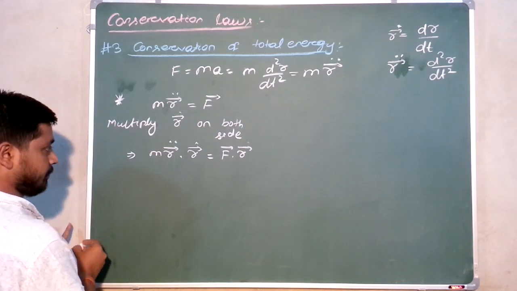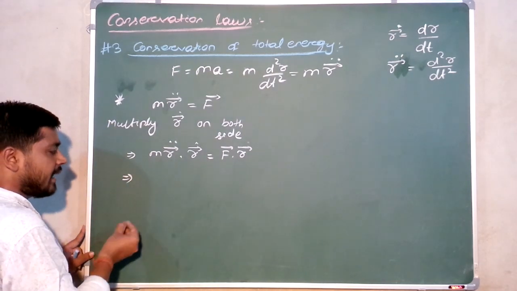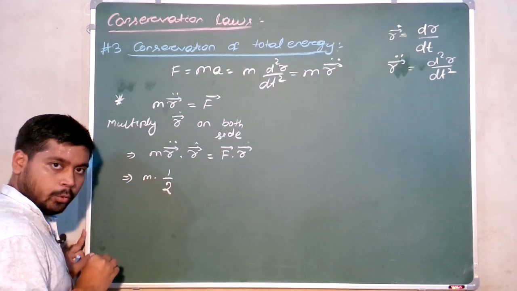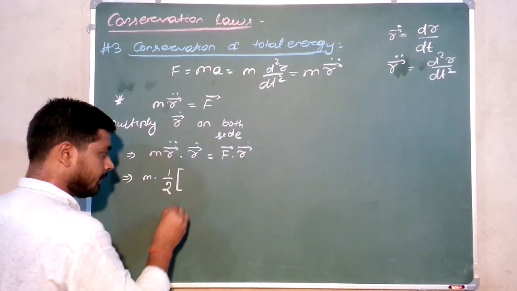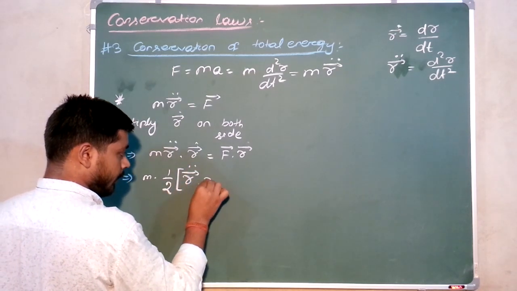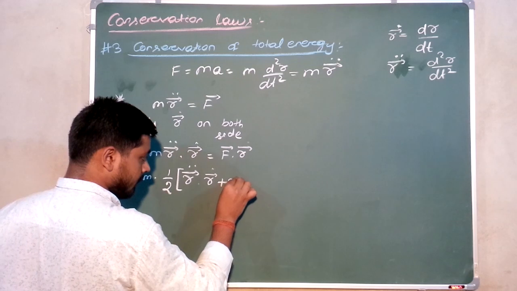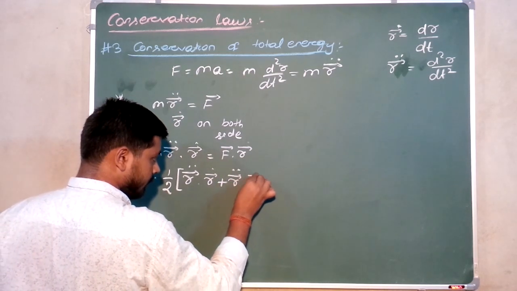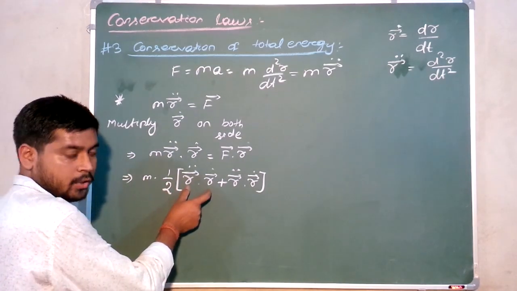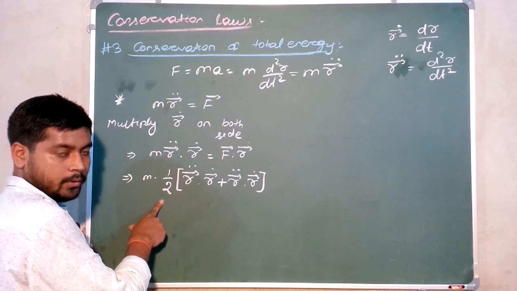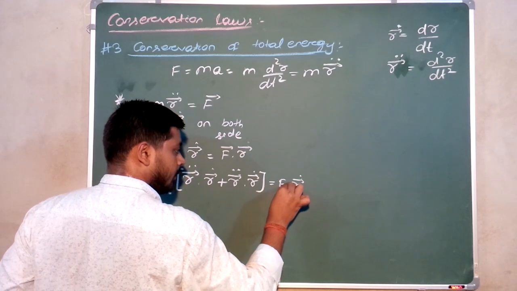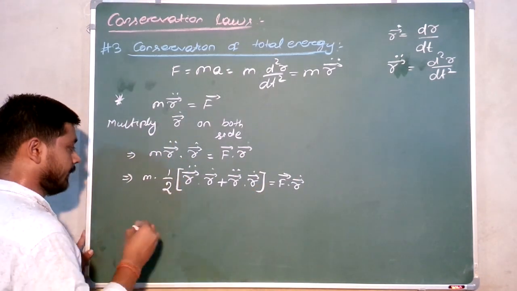Then we can write this as m into 1 by 2 bracket start, r double dot into r dot plus r double dot into r dot. How can you write this? We can write it 2 times, so I divide by 2 here, equal to F r dot.